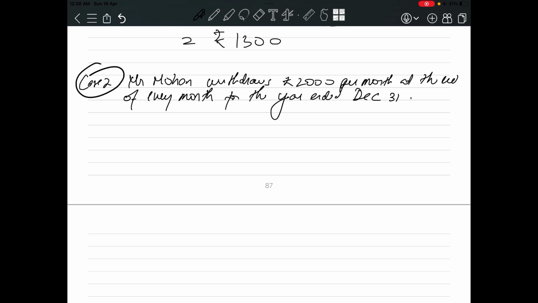The rate is 10% again. The main thing we have to remember is that 2,000 is withdrawn every month at the end of every month.